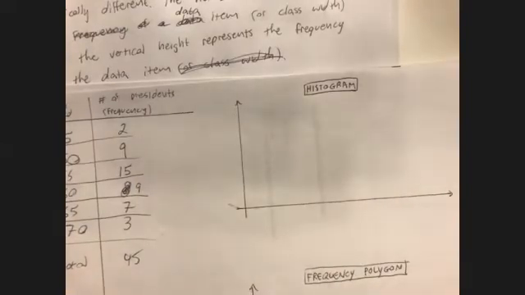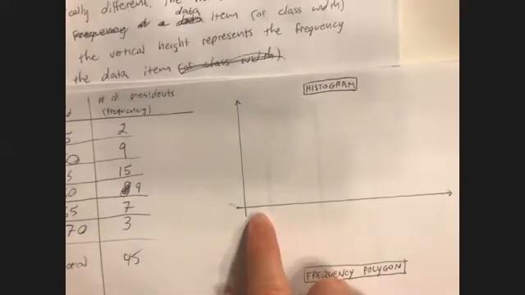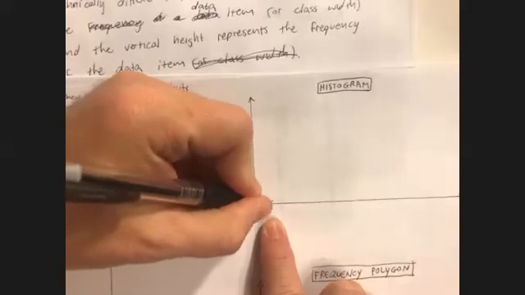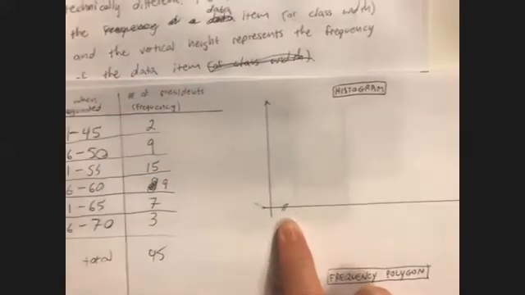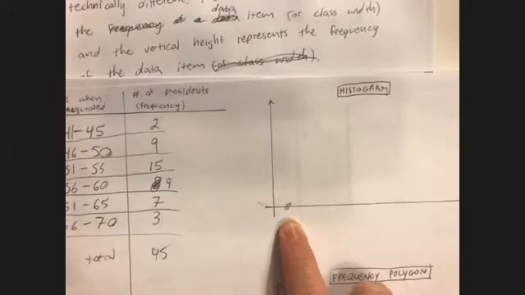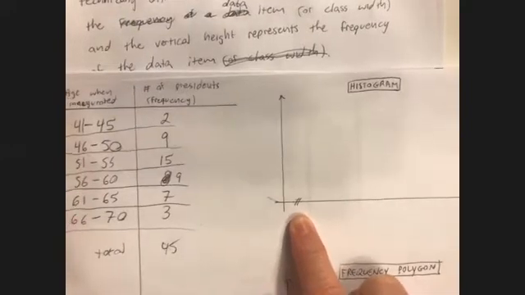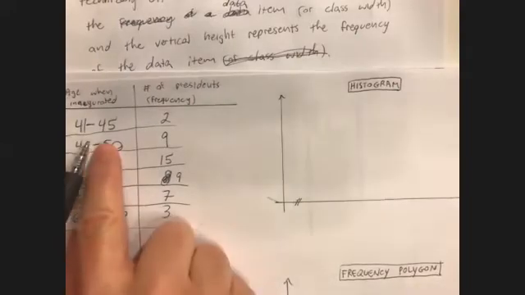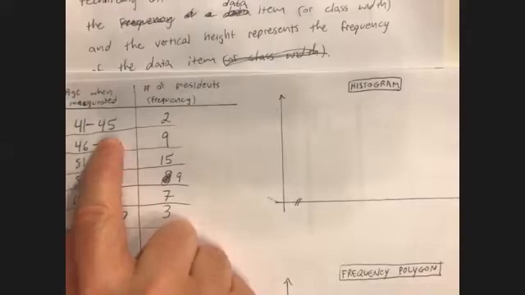Well, I could start at 0. The book does some weird little notation, basically saying we don't really care about anything until we get to around 40. Okay, so I need the number that's in the middle of 41 to 45.